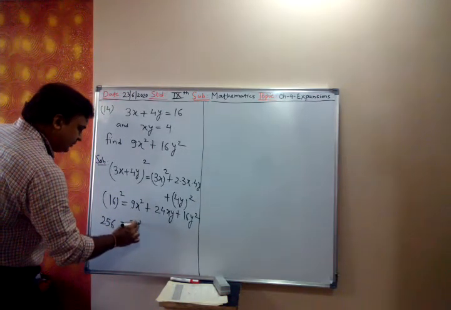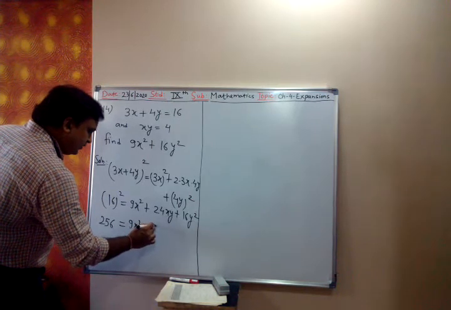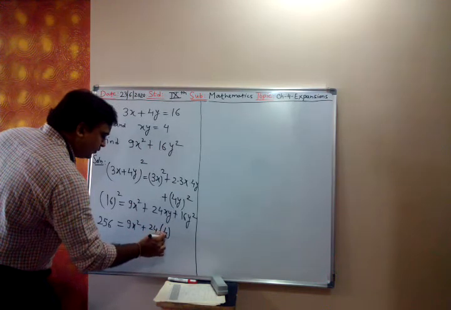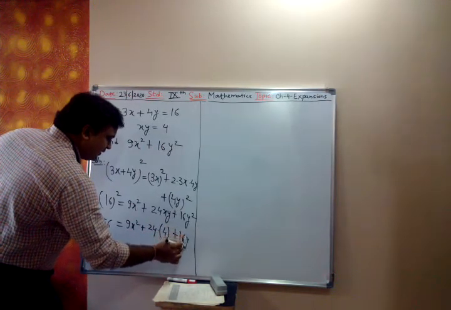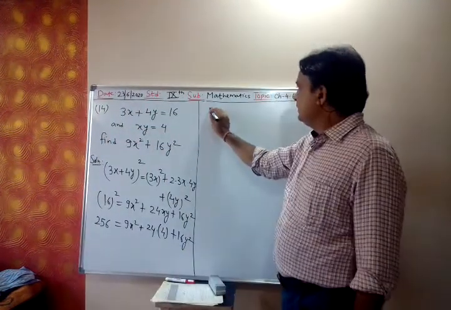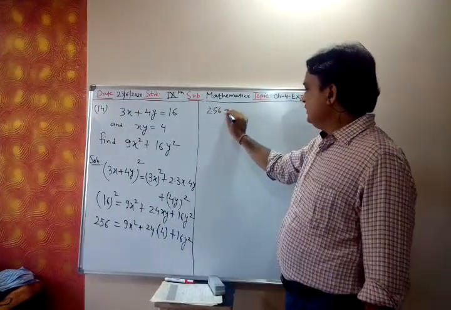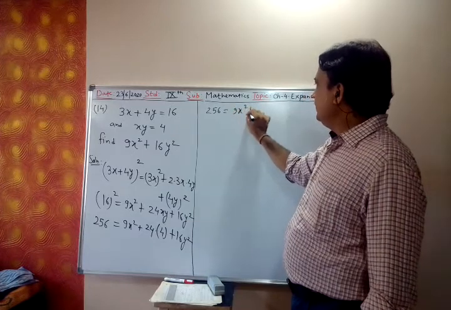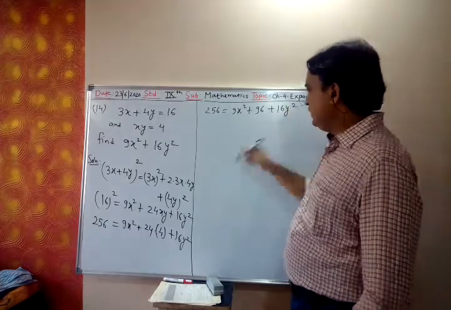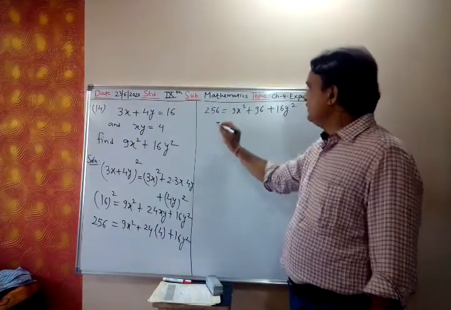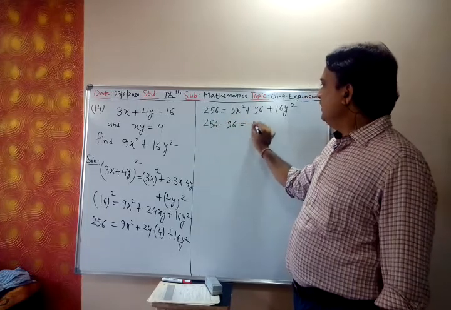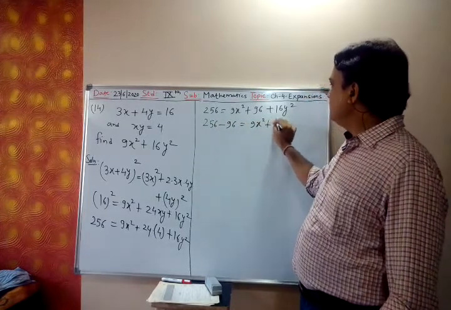So 256 is 9x square plus 24 into 4 plus 16y square, where xy is 4. 24 into 4 is 96. So 256 minus 96 is 9x square plus 16y square.